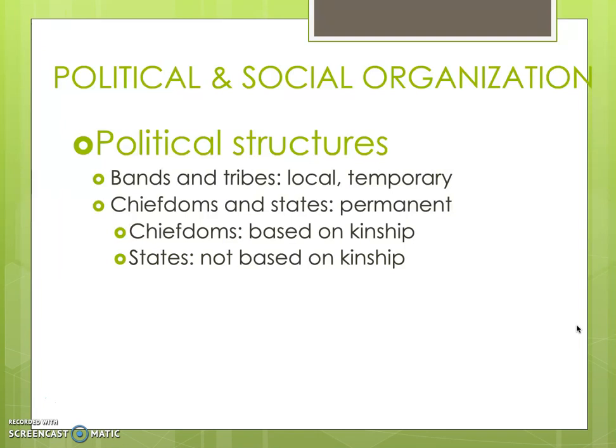But notice that chiefdoms' political structure is largely based on kinship, whereas in states, it is not. Now we might have Bush Sr. and Bush Jr. as president, but generally speaking, presidents in the United States are elected. So that's not a system based on kinship. But in chiefdoms, it is.